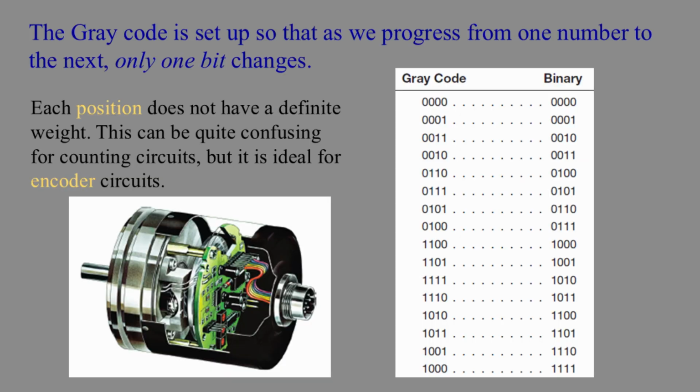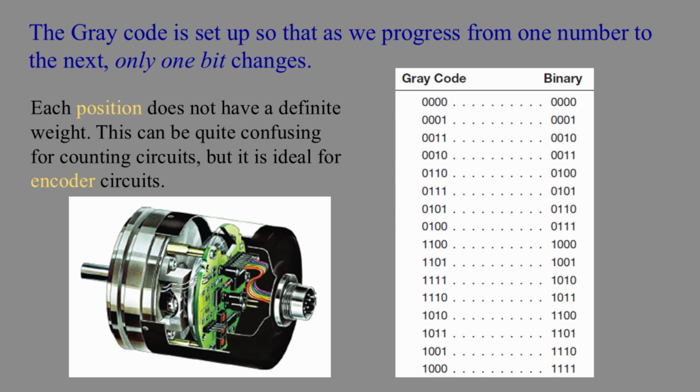The Gray code is another way of representing numbers in binary, but it works differently from the standard binary system. In Gray code, the numbers are arranged so that as you move from one value to the next, only a single bit changes. This property makes it unique and very useful in certain applications. Unlike pure binary, where several bits might change at the same time, Gray code avoids those simultaneous changes.